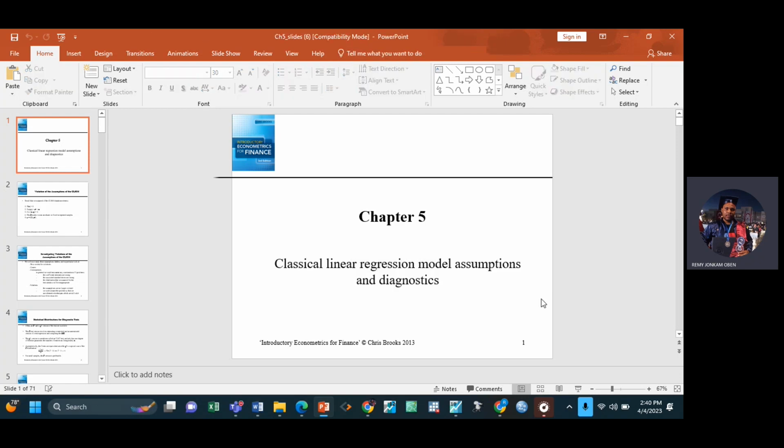There are 11 assumptions, but normally, why do we have them? Why are they important? To have BLUE. What's BLUE? According to the Gauss-Markov theorem, BLUE is best linear unbiased estimator.